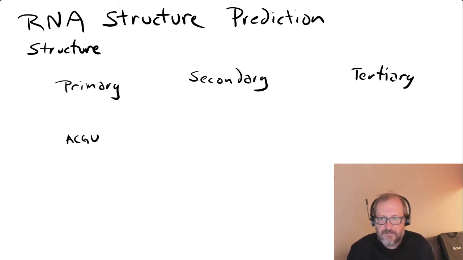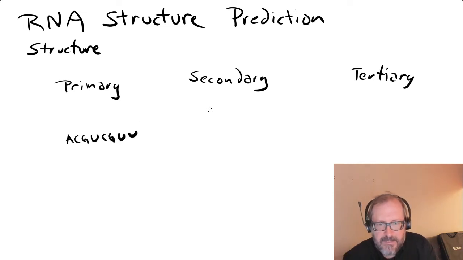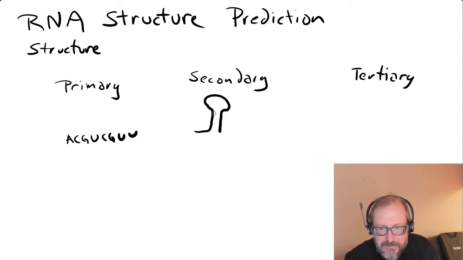So what do we mean by primary, secondary, and tertiary structure? I think we covered this when we did proteins, but anyway, primary structure just means basically a sequence, whatever that may be. Secondary structure typically refers to just the helices.